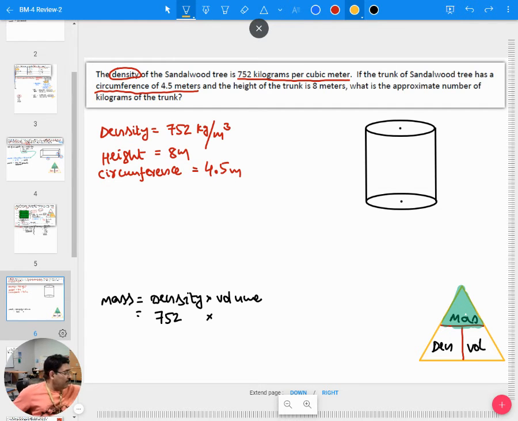So what is circumference? Please remember, if you take a circle, the boundary line, I call this one as circumference. What is the circumference formula? Circumference equals 2 times pi times radius, which is 4.5.